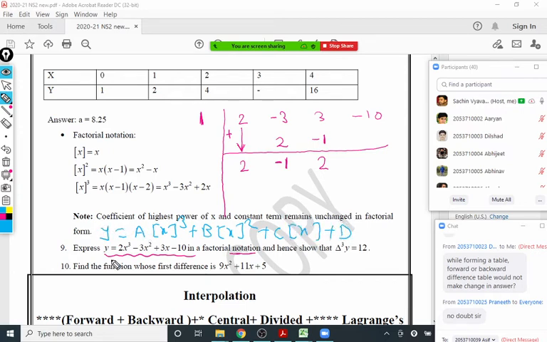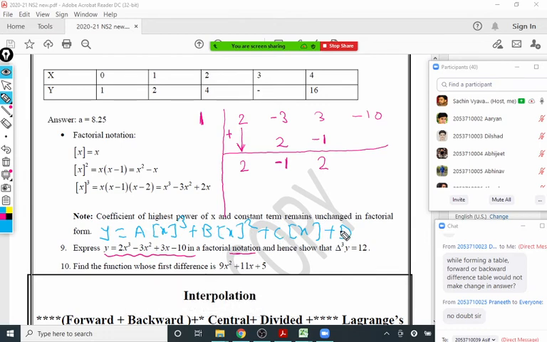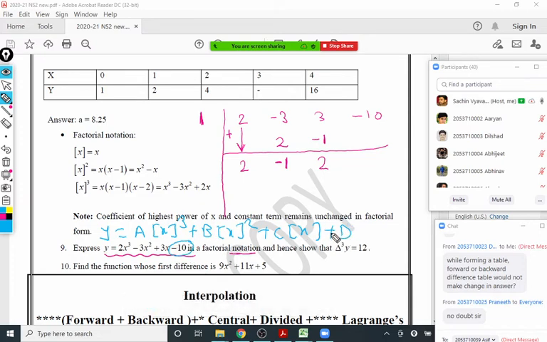So indirectly we are writing this as ax cube plus bx square plus cx plus d in factorial form. So indirectly we want the values of a, b, c and d. Out of that, whatever constant we have here, the same constant is there in the factorial form. So the value of d is always the constant. So d is minus 10. In the initial step only we get this value of d. So keep d as minus 10 there. I hope you are getting it.